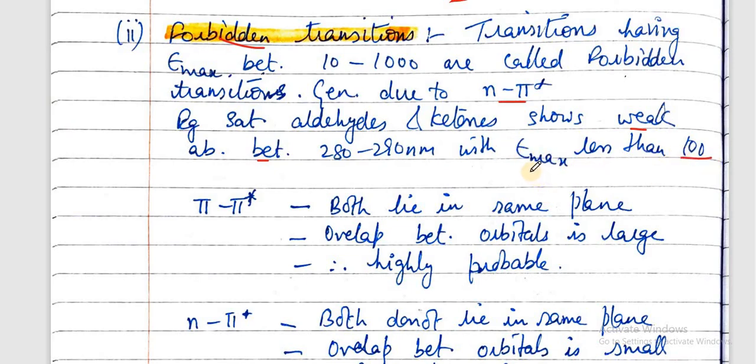So the value of this indicates whether it is a strong absorption or weak absorption, whether it is an n to pi star or a pi to pi star transition. In pi to pi star transitions, both the pi and pi star orbitals lie in the same plane. When they are lying in the same plane, it means orbital overlap between them will be large. If this is large, these are highly probable. Therefore they have high, or say strong, absorption bands.